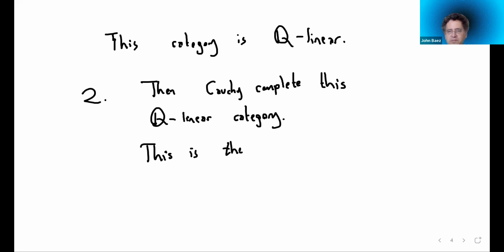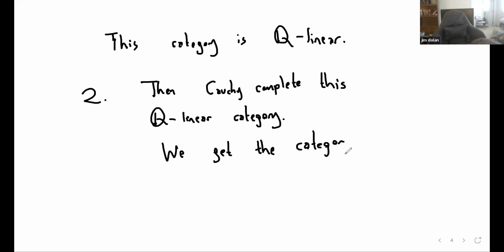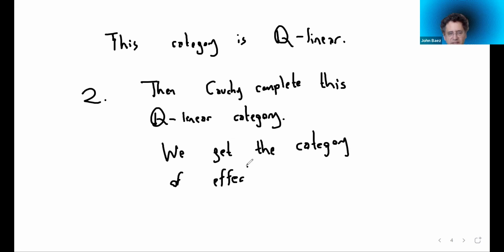So this new category that we get has a name. It's probably good to know. So we get the category of effective pure motives. And if you want to be super careful, it's effective, pure, numerical motives.